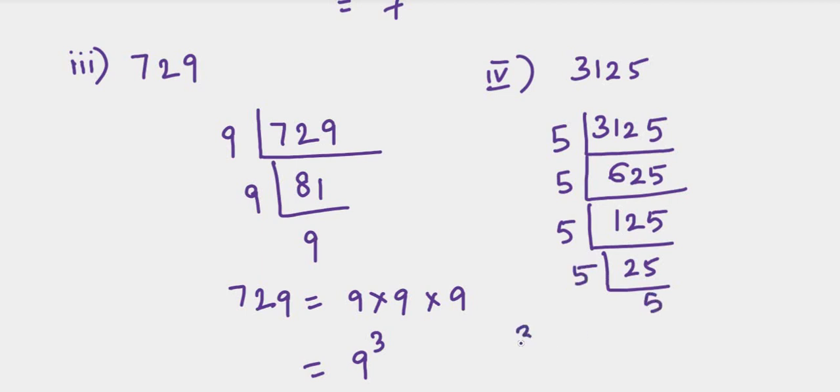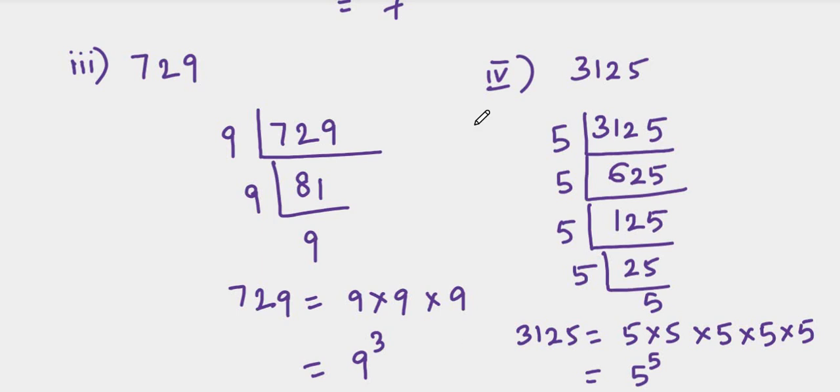So 3125 is equal to 5 multiplied by 5 multiplied by 5 multiplied by 5 multiplied by 5. So 3125 equal to 5 to the power of 5. So 5 to the power of 5 is the exponential form of 3125. Value of 5 to the power of 5 equal to 3125.